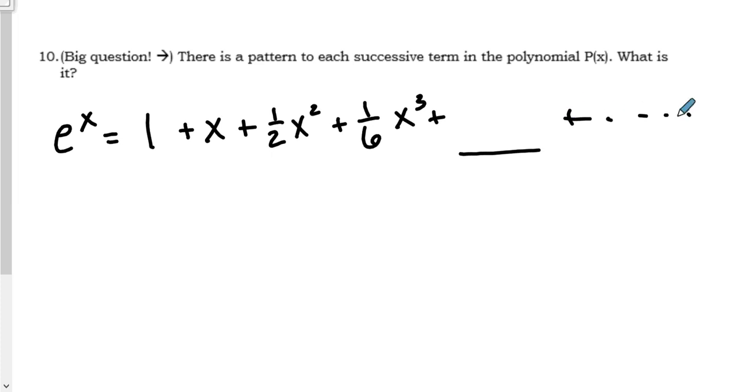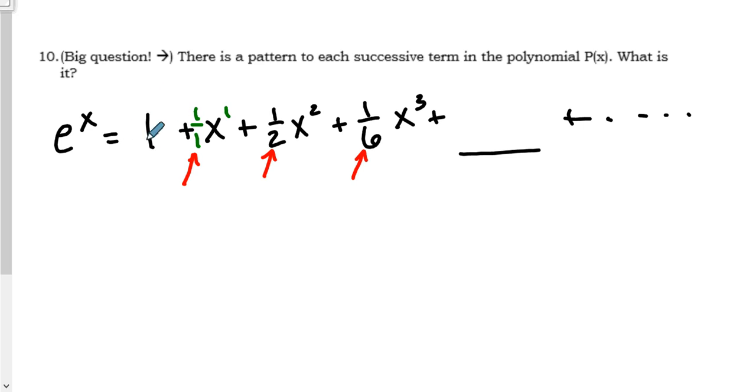Going back here, when I had x to the 1, these had 1s on the top. This is like 1 over 1. Maybe that helps. You can see my denominator here is a 1, my denominator here is a 2, my denominator here is a 6. I don't really know what's going on here.